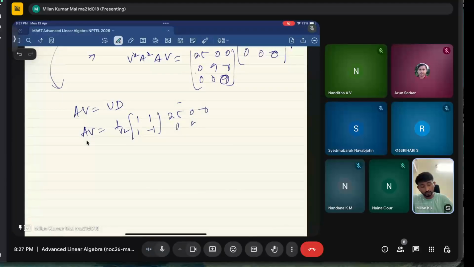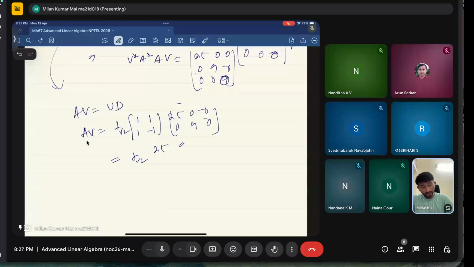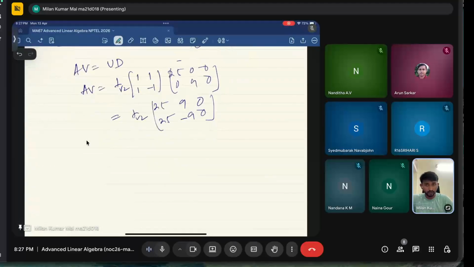This will be 1 by square root of 2. This is 25, this is 9, this is going to be 0, this is going to be 25 into minus 9, 0. So AV is actually going to be this matrix. A is actually 2 by 3. AV is actually going to be this matrix.